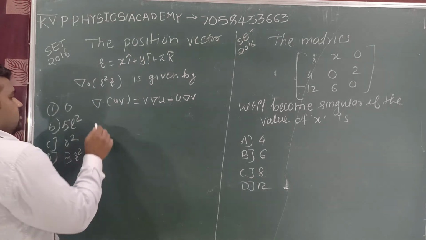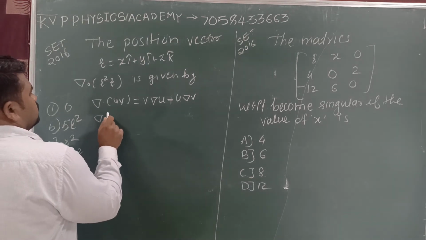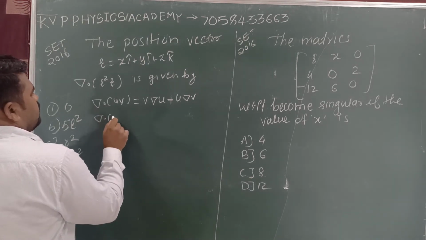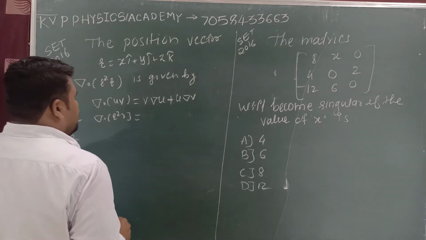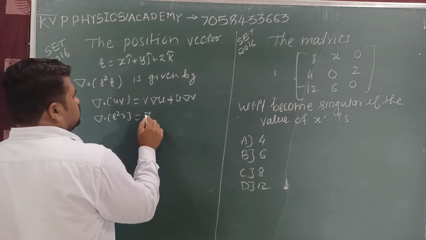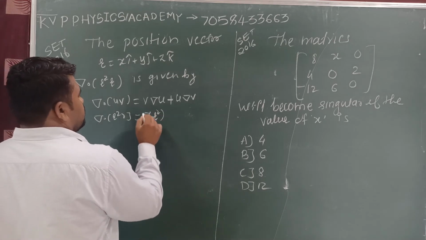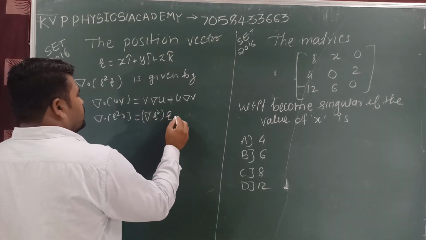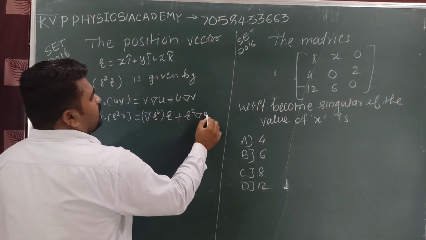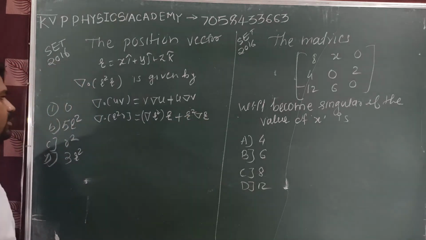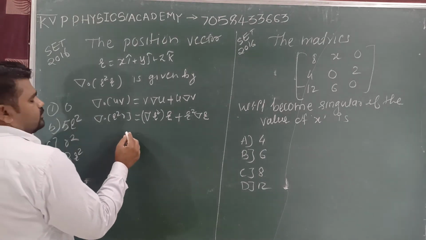Next, del dot r square r, or we can take del r square outside, plus for the second one, r square we can take common out, del dot r. R square derivative.